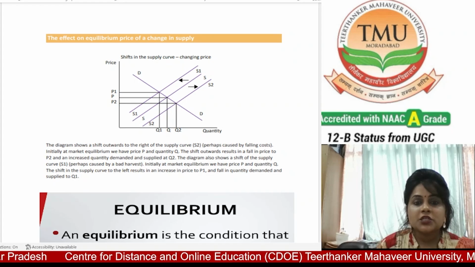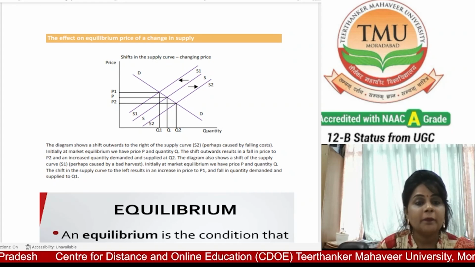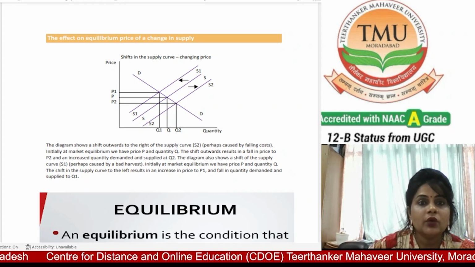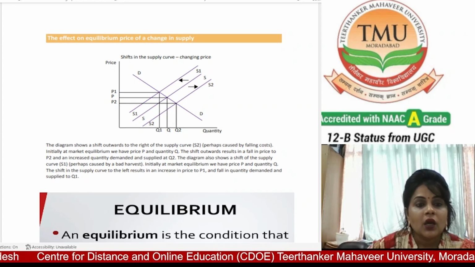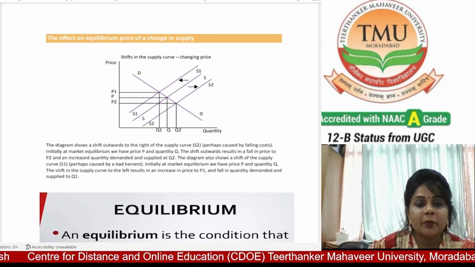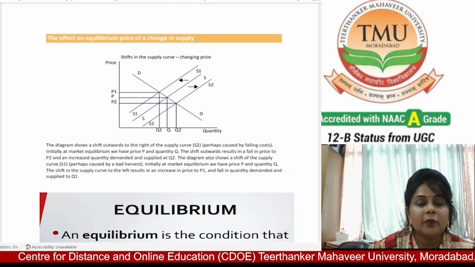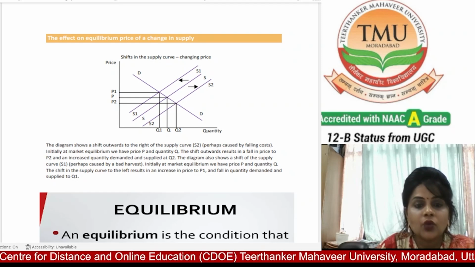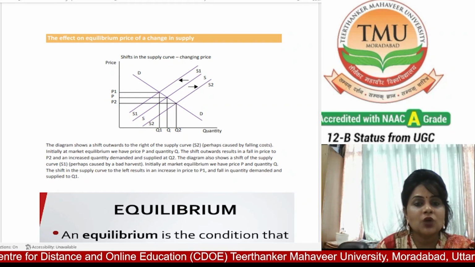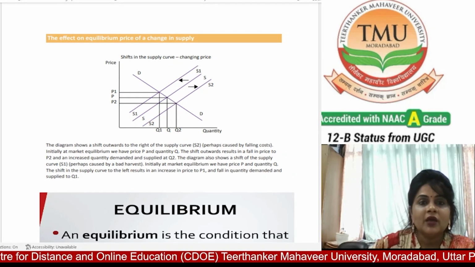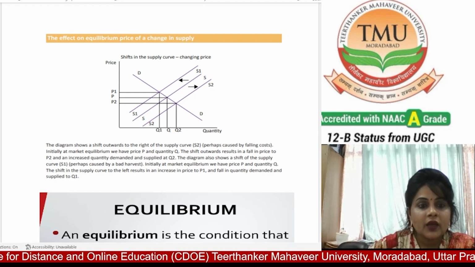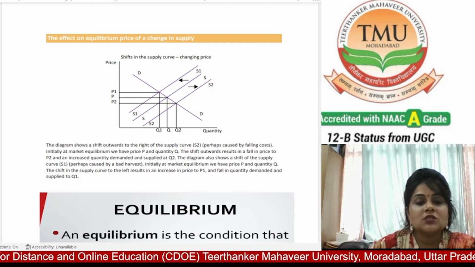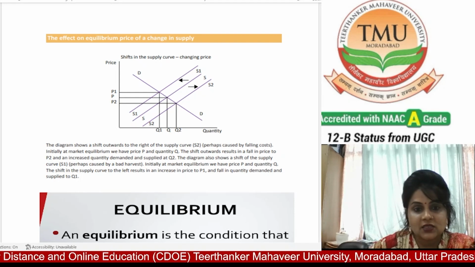So this diagram shows that the shift outward results in a fall in price to P2, and increased quantity demanded and supplied at Q2. The diagram also shows a shift of the supply curve to S1, perhaps caused by a bad harvest.